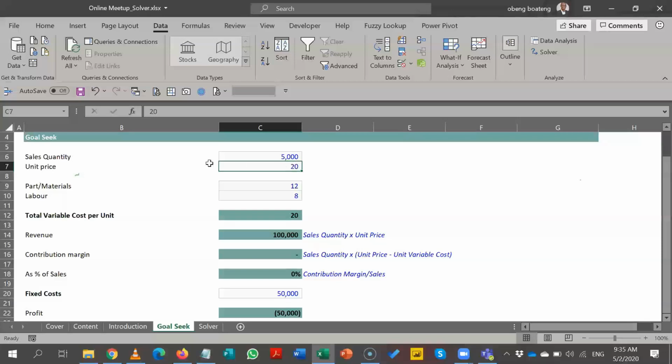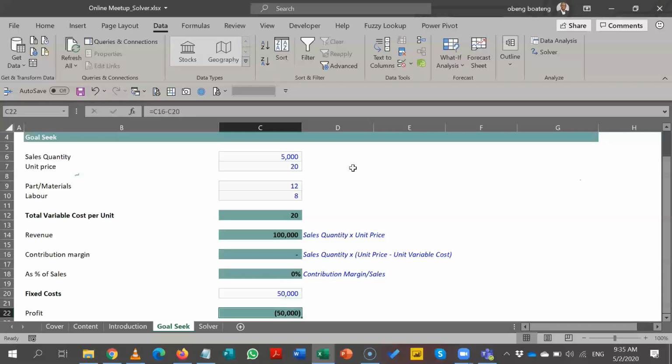The one you can control probably is the price. So the question is, by how much should this change in order to at least make me break even? Making me break even is a situation where this is 50,000 and it swallows up this fixed cost and I get 0 here.